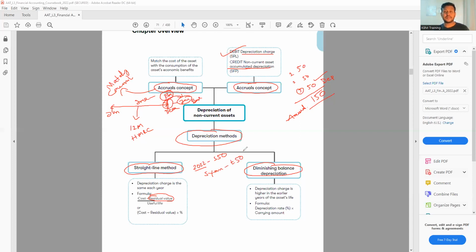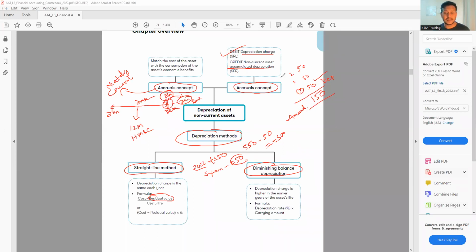So after using this computer for 5 years, the cost is 550 and I can still sell it for £50. That means 550 minus 50. So my actual cost is 500, not 550, because 50 I'll get back after 5 years.